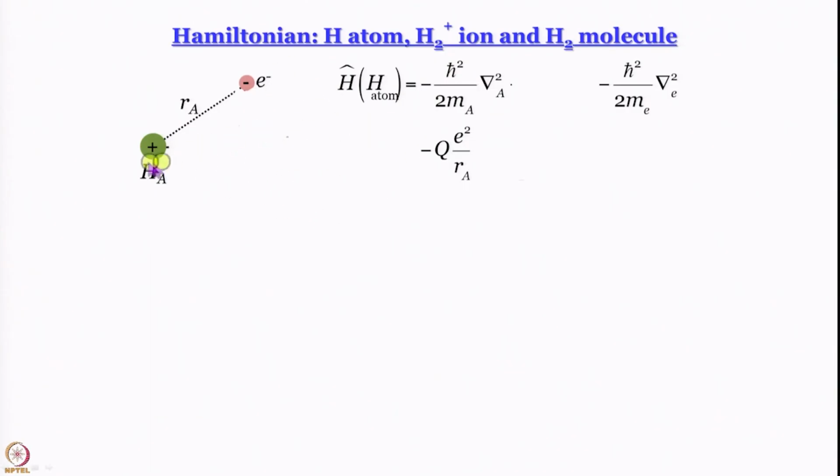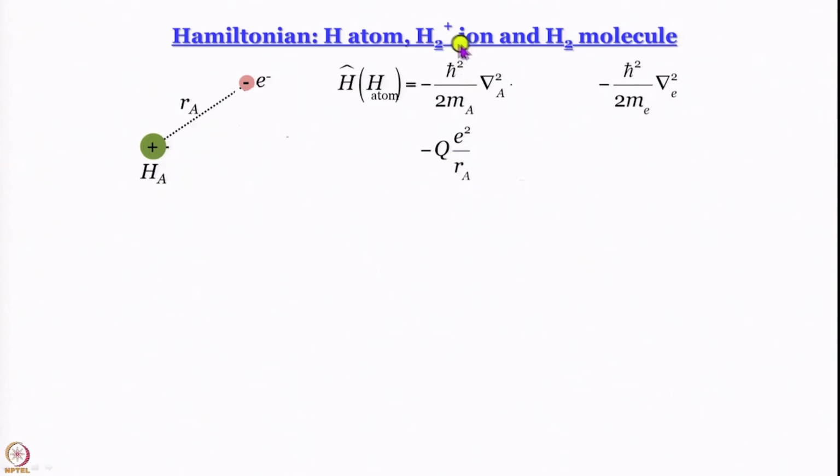So, in the hydrogen atom you remember there is a nucleus and an electron. The Hamiltonian would be minus h cross square by 2 m_A del_A square, minus h cross square by 2 m_e del_e square, where A stands for the nucleus or the atom as a whole, and e stands for the electron in it, and minus q_e square by R_A gives you the potential energy for the attraction experienced by the electron because of the nucleus.